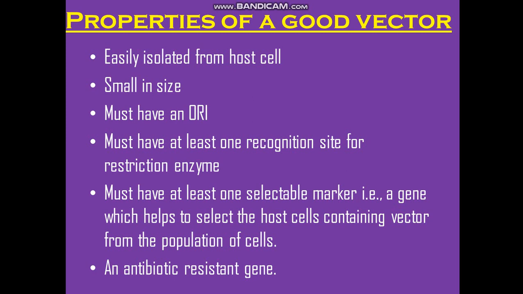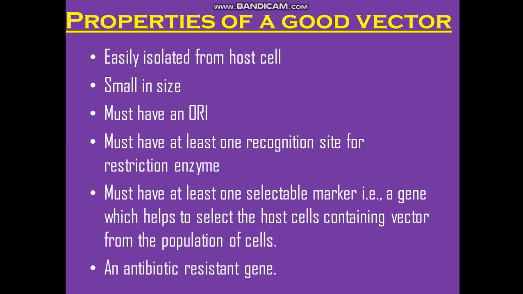Why do we need antibiotic resistance? Again, to filter out. If all the cells are growing in a culture medium and we are treating it with an antibiotic, what will happen? The cells which are resistant to that particular antibiotic will be living, will be growing, and others will die.